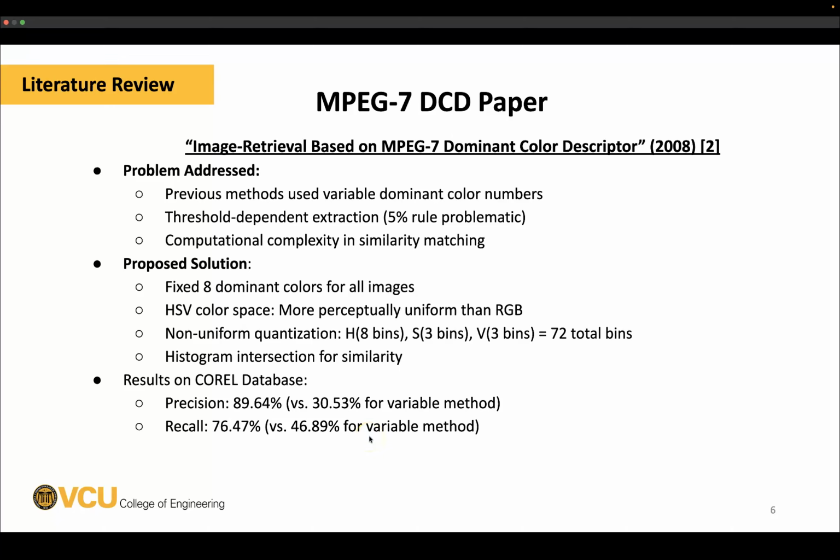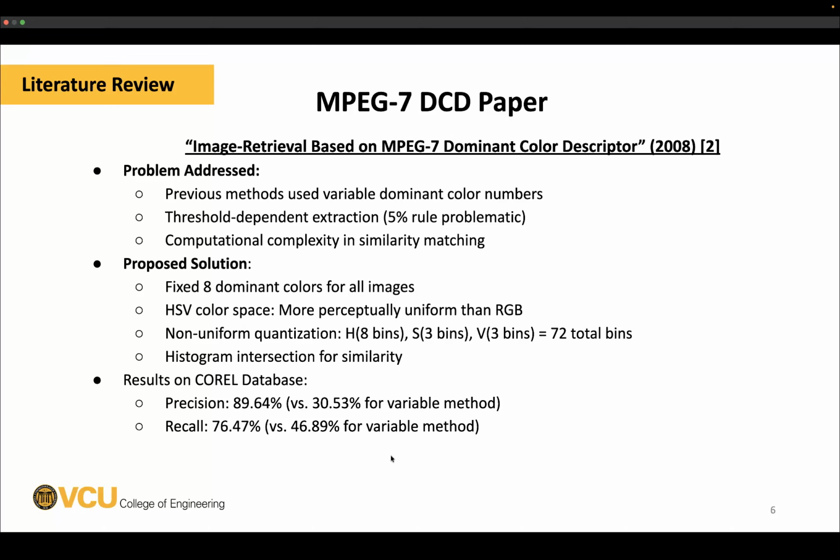The next paper is a work on MPEG-7 dominant color descriptors. Here the authors address the quantization problem in color-based retrieval. Their analysis reveals that threshold-based dominant color extraction produces very inconsistent feature dimensions, which complicate similarity computation.